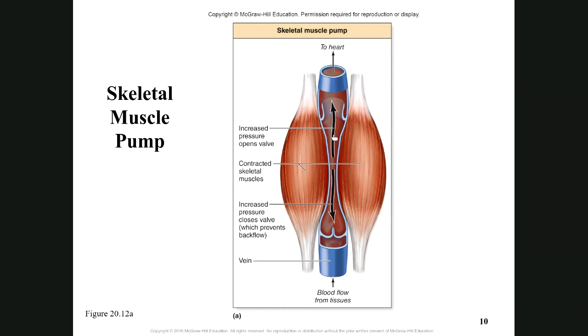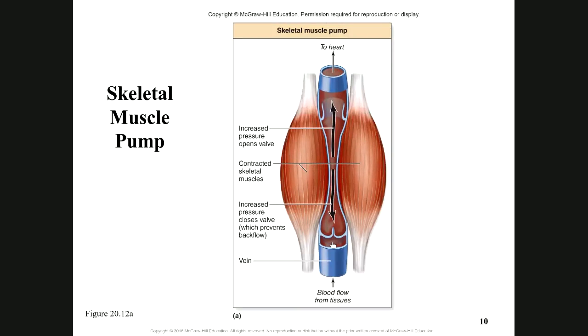And the valves, which you can see here, prevent backflow of the blood in these limbs. When skeletal muscles are more active, for example, when we are walking, jogging, or running, the blood is circulated more quickly and efficiently toward the heart by the skeletal muscle pump.